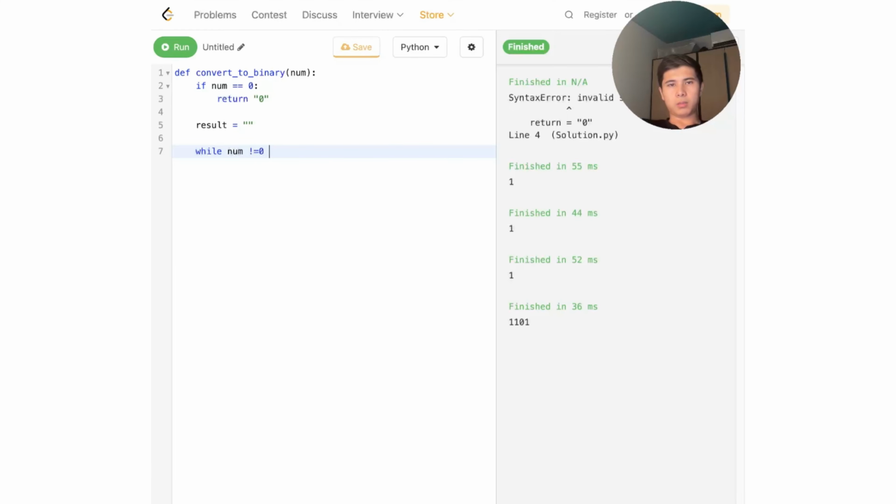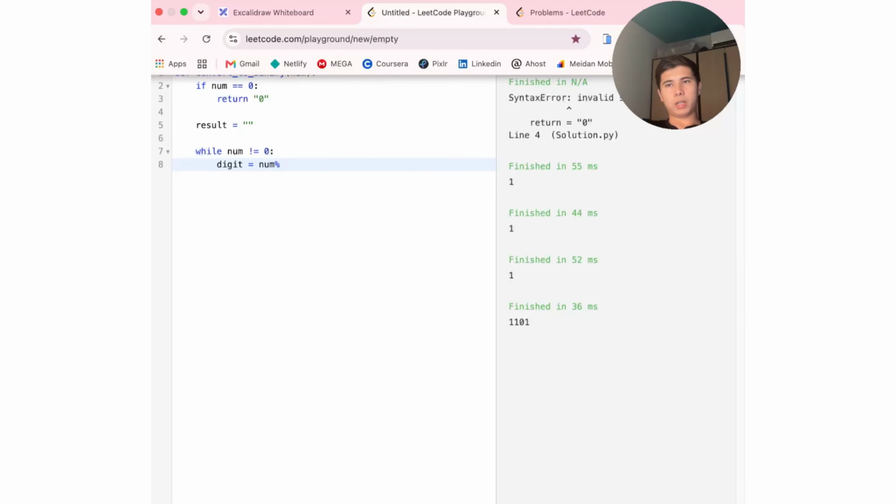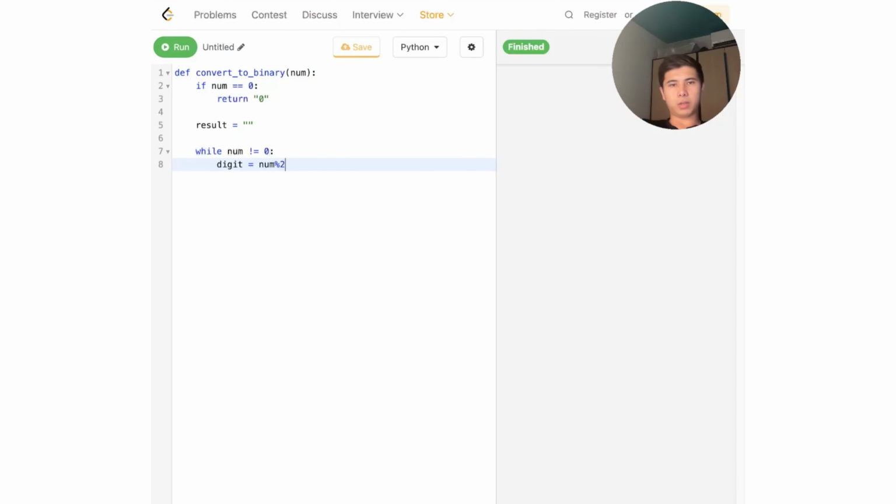While the number doesn't become 0, inside the loop we firstly collect the digit, which is the number modulo 2. In the last exercise we divided by 10, but in this exercise we divide by 2 because of the binary representation. Then we write the result variable, which collects all of the digits in string format.